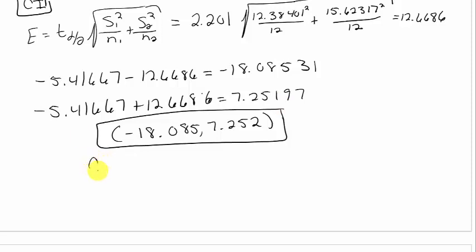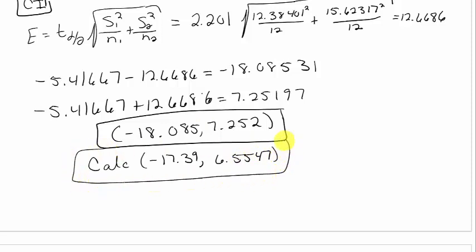If you're going to use your graphing calculator, you do get slightly different numbers for your confidence interval. You'll get negative 17.39 for the lower and 6.5547 for the upper. And that's just because they have a more complicated way to calculate the degrees of freedom, and so they have a different t sub alpha over 2 number.